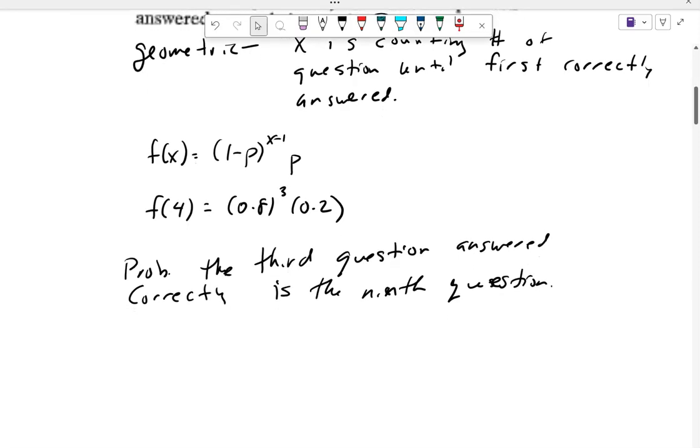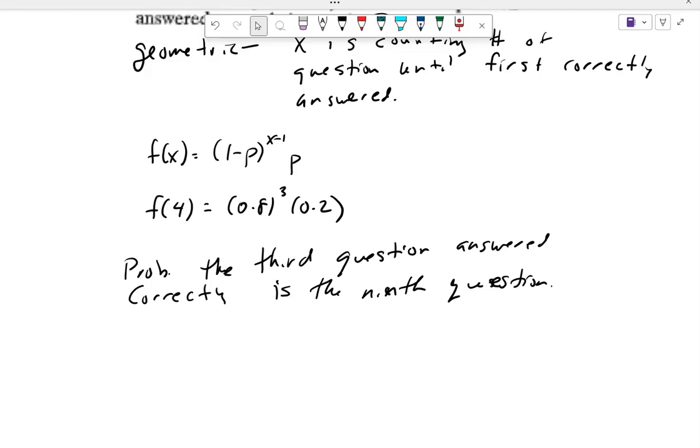This should also look like a type of problem that we've asked before, right? This still has the same probability of success. It's 0.2 every single time, right?